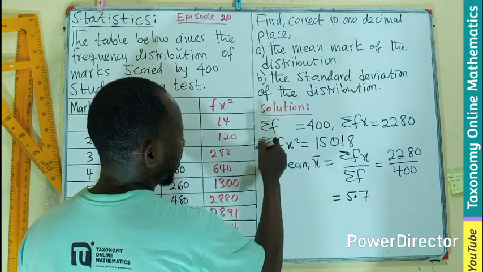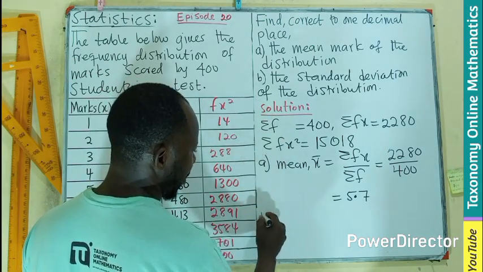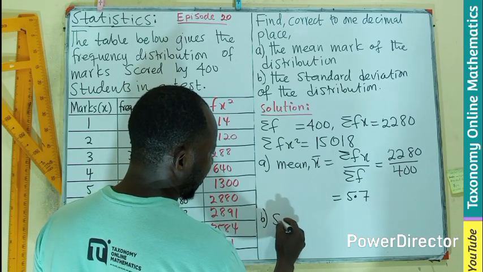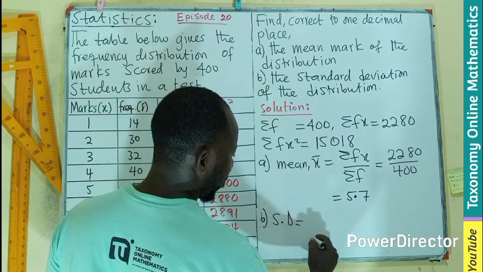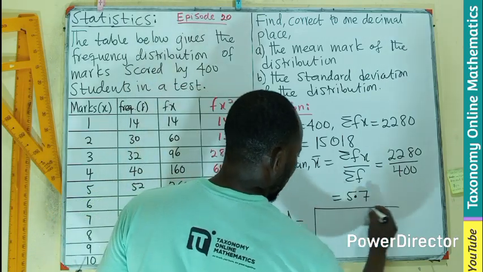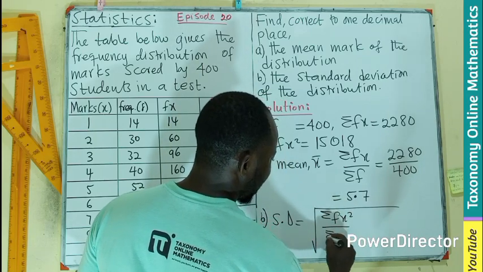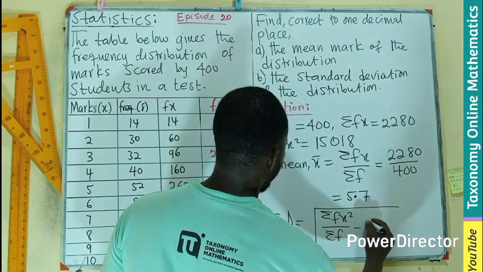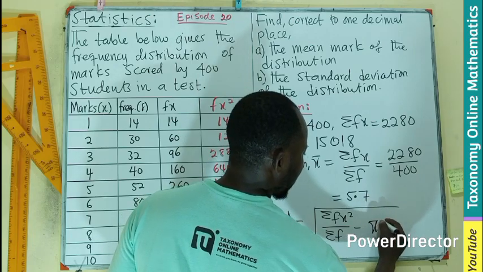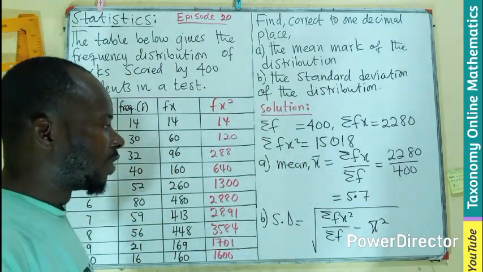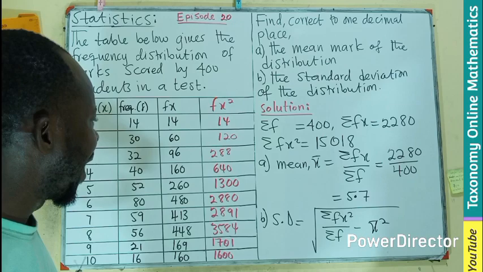Okay, A is here already, so let's go for B, which is the standard deviation. Let me just use SD, which is the root of sigma fx squared over sigma f minus the mean squared. So we do substitution and see how that will look.